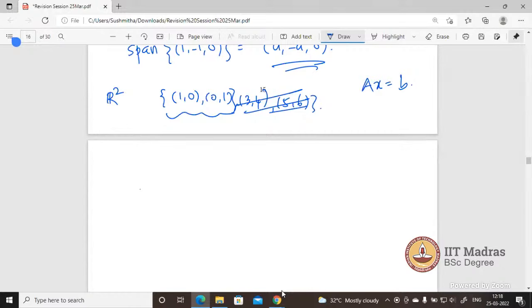This relationship Ax equal to B. The professor has given a proof, but he has taken the help of determinant and then A into A inverse like this. I won't be able to explain right now. Why don't you post that lecture reference in discourse and ask? I'll answer there. I'll do that, ma'am.